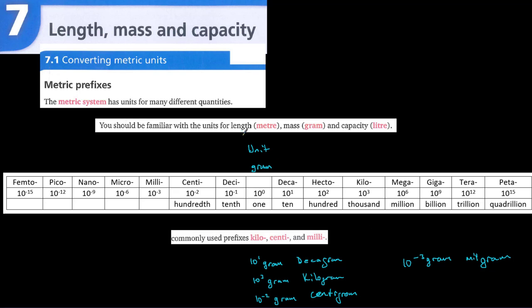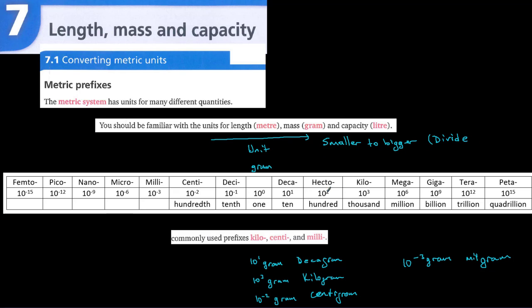With respect to converting units, I'm going to explain here. If you have smaller units and you are converting to bigger units, smaller to bigger, we are going to divide.